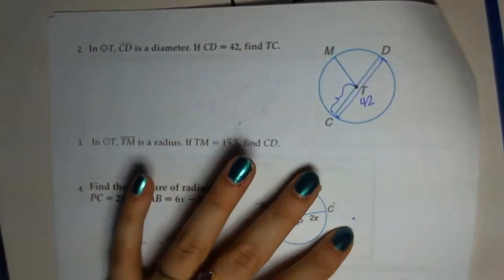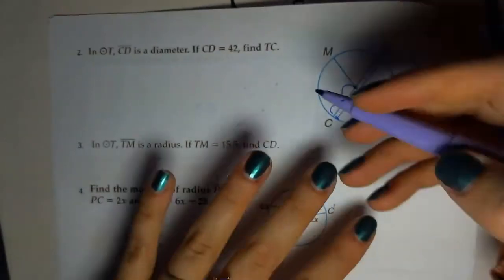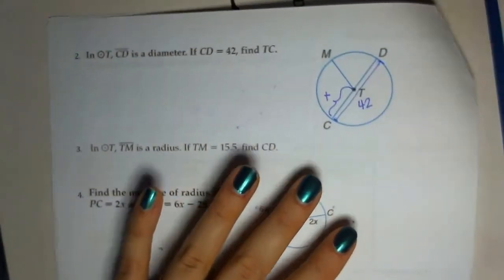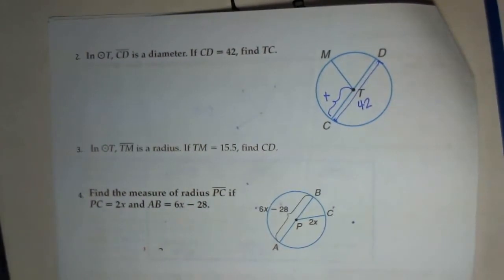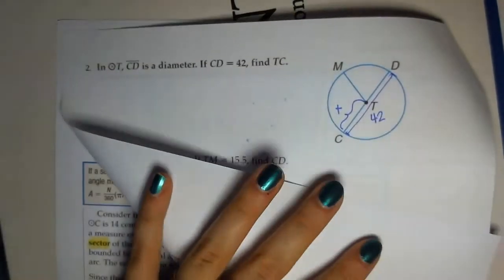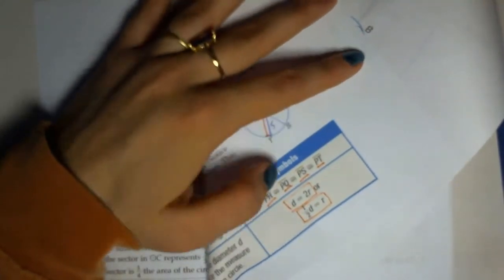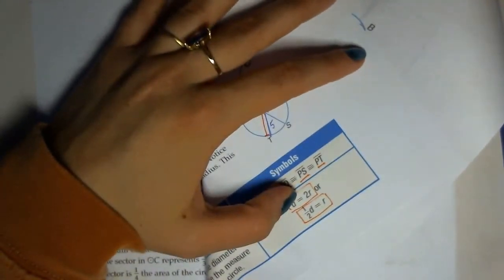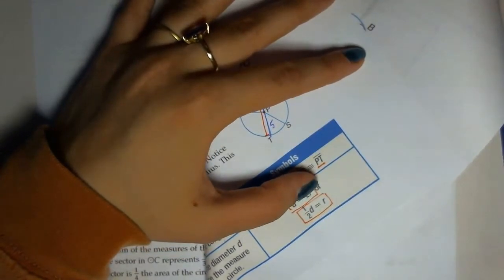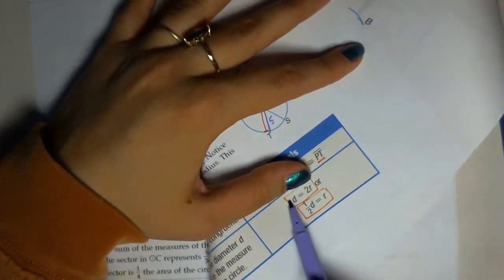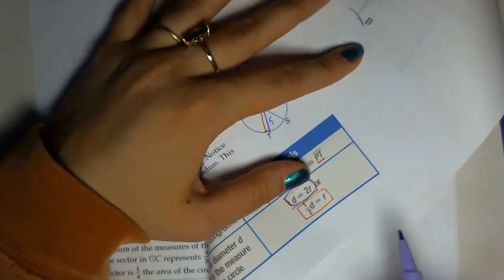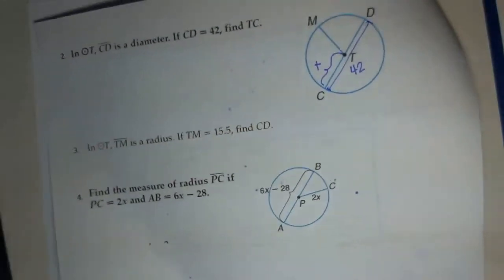That's TC. Okay? It wants us to find that, so I'm going to make that X. Or we could do R for radius. All right, so let's look back really quick at these two formulas we have. I know my diameter, and I don't know my radius. So I'm going to use this one and then solve for R.